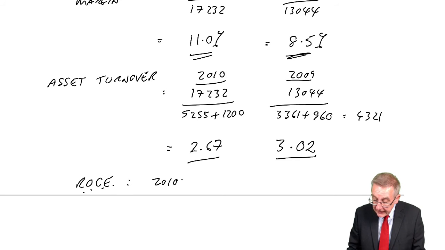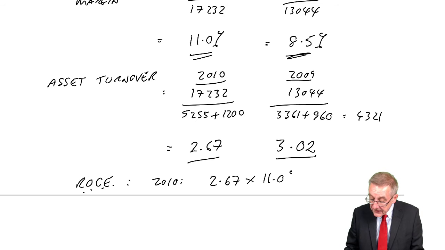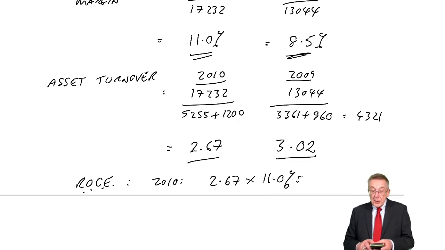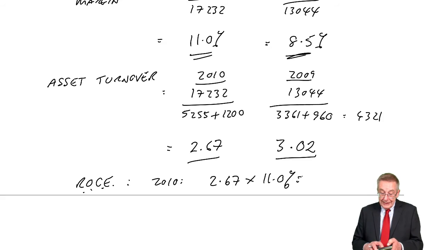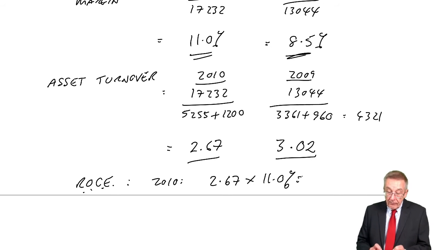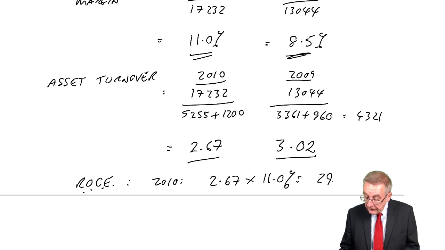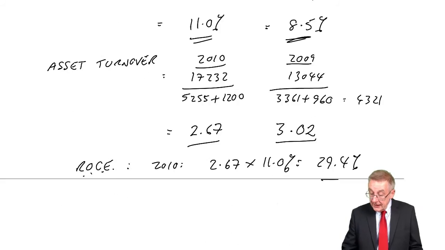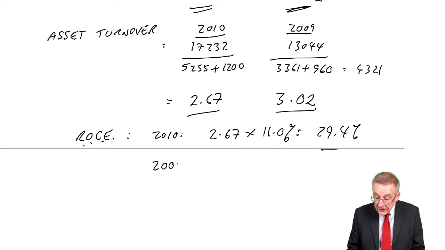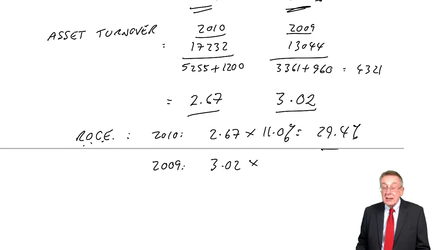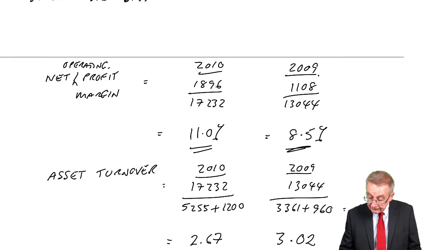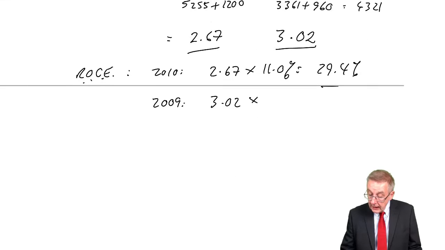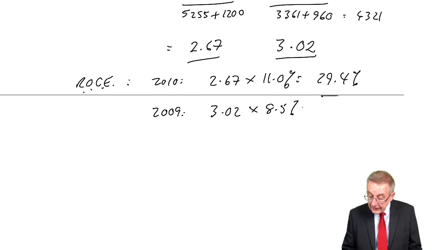So just see what I mean. In 2010, asset turnover was 2.67, the profit margin was 11%. And so the return on capital employed, 29.4%. Is that what I got? Yes, it is. Whereas in 2009, asset turnover was higher at 3.02, but the net profit margin was lower at 8.5.